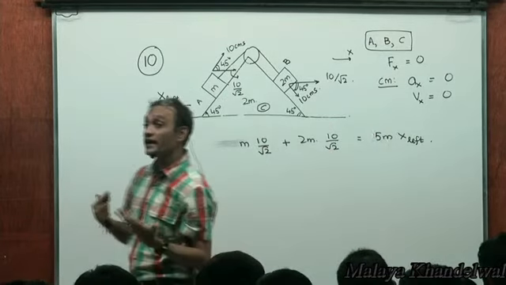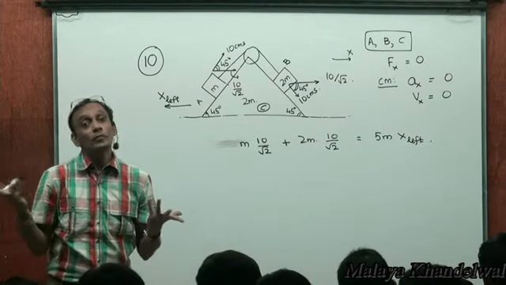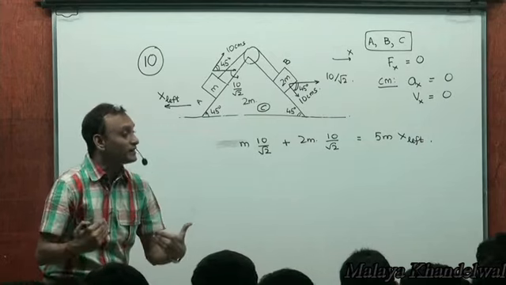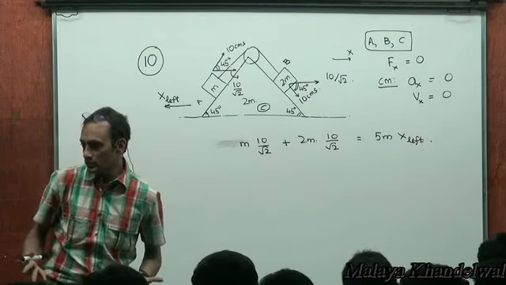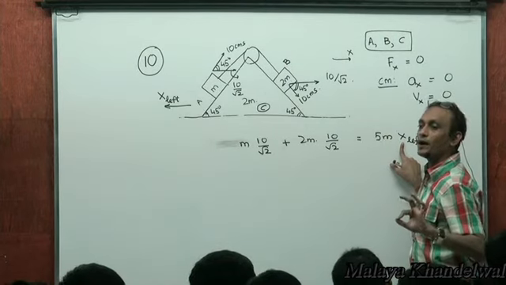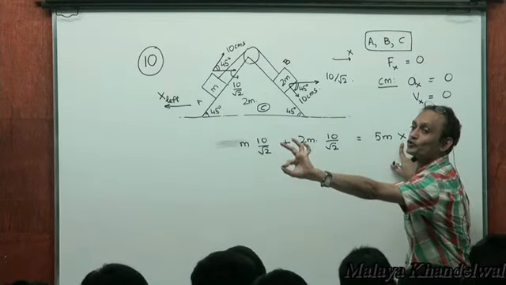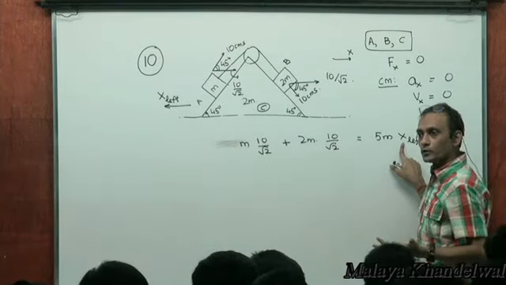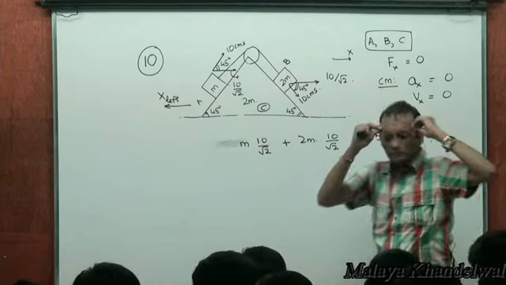And why should the x coordinate of the center of mass remain the same? Because the center of mass has no velocity in the x direction, so its x coordinate is not changing, right? Therefore this will give you the amount x by which the wedge must move to the left. Got the answer? Right.